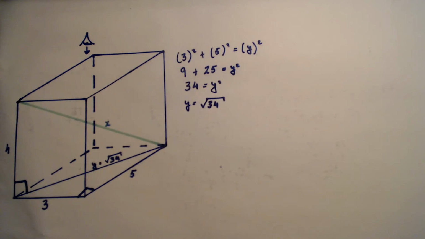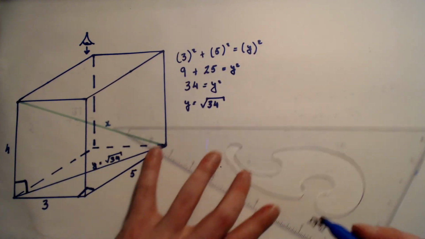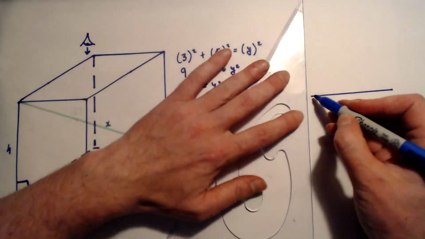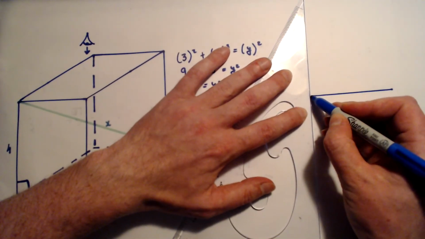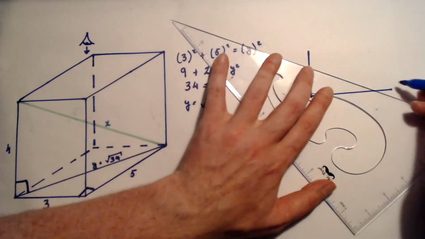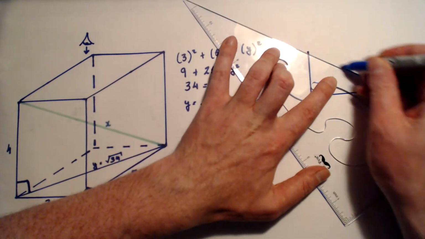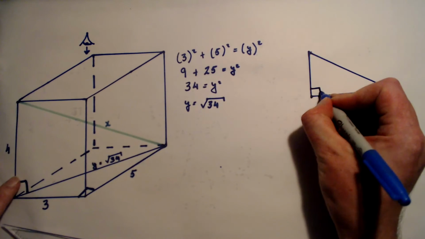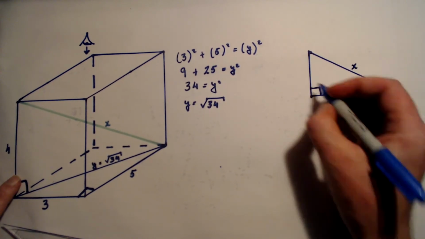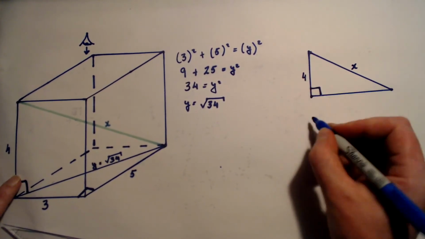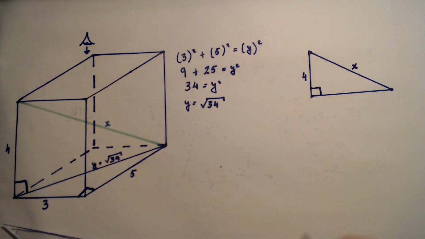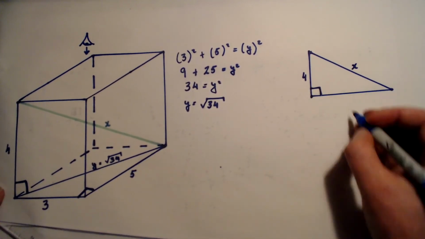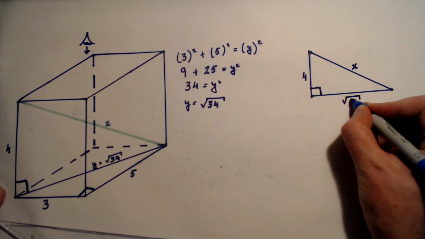You can draw it if you'd like. This is my length x, this is my height 4, and this here is the length along the bottom, which we just worked out as the square root of 34.